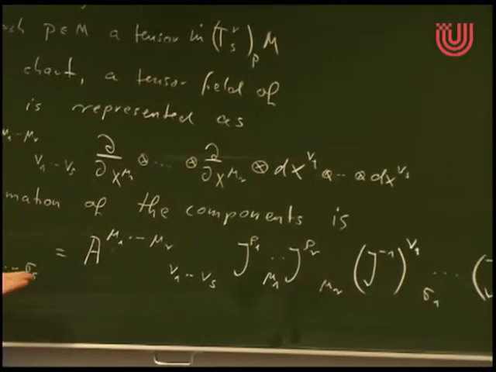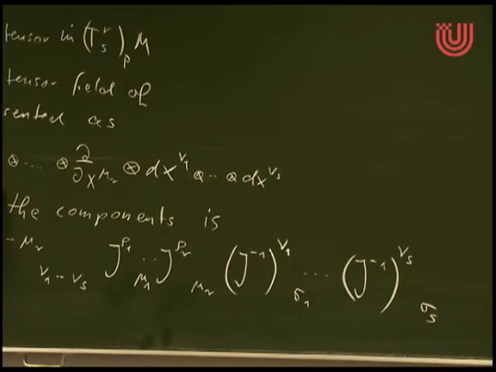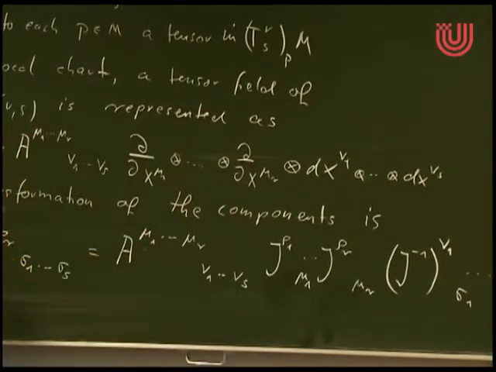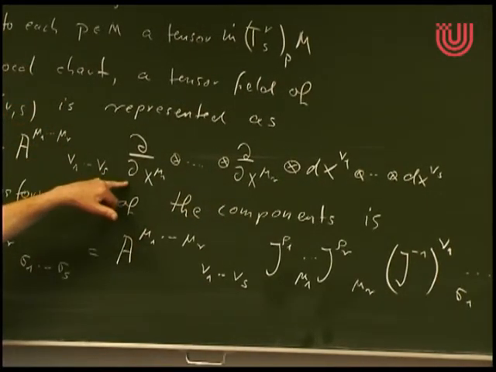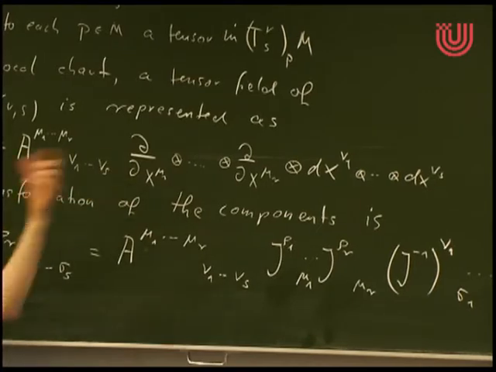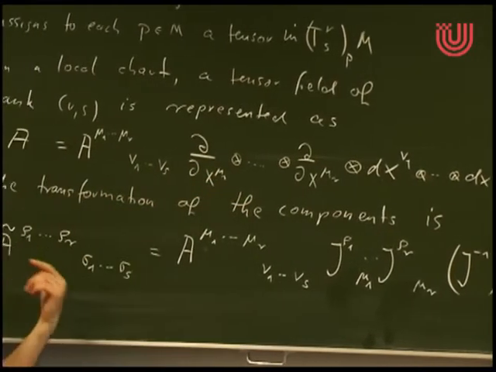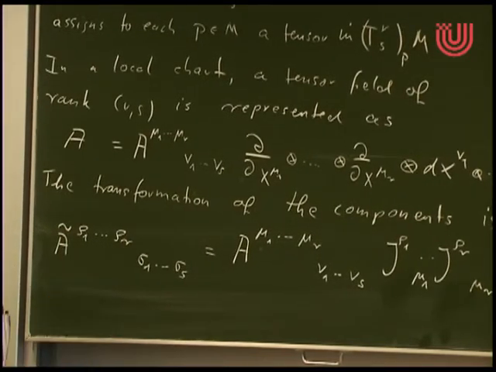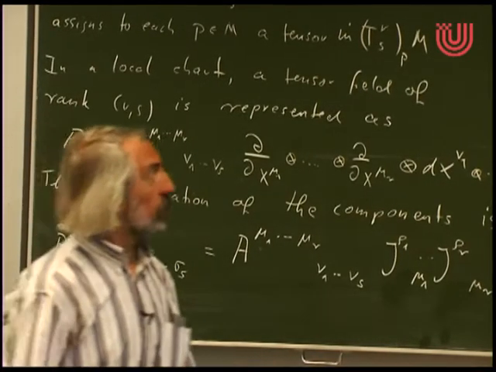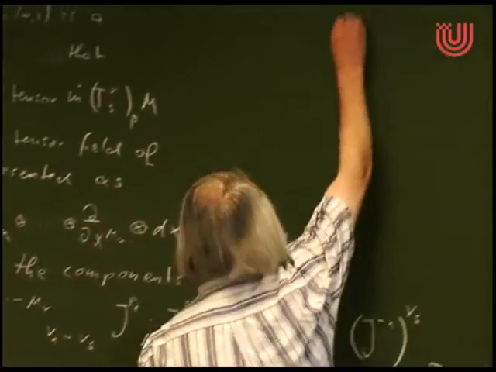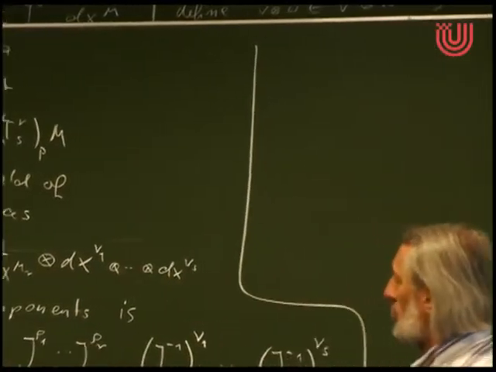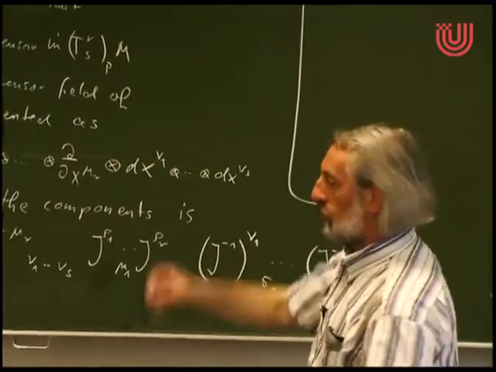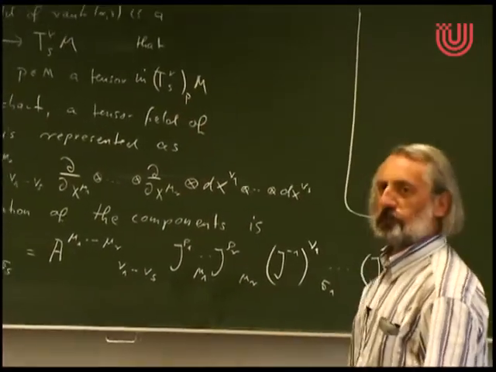So I think it's obvious what you have to do. Here you just insert the transformation behavior for each of these basis vectors or covectors, which we have calculated before. And then you compare the coefficients in the twiddled and in the untwiddled coordinates, and then you get this formula. So that's the transformation behavior of tensors of higher rank. So if you look in an older book, they don't tell you anything about tensor products, these funny signs, this cross with a ring or things like that.